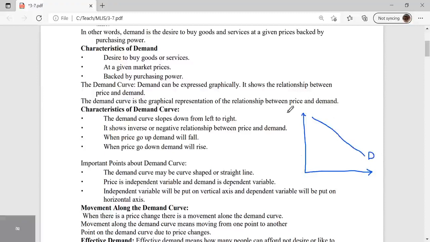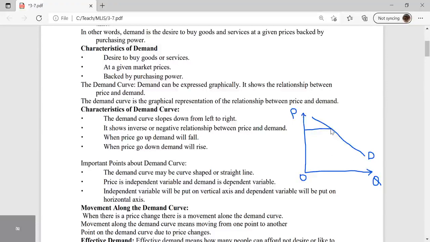On this axis we can put price, here we can put 0, and here we can put quantity demanded.